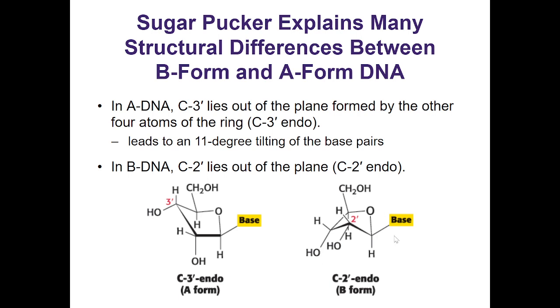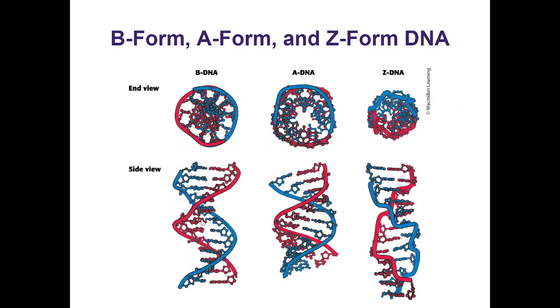So again, in the A DNA, the C3 is going to lie out of the plane that's formed by the other four atoms in the ring. This is the C3 endo form, because the C3 is the one that lies out of the plane. This is going to lead to an 11-degree tilt of your base pairs, which is what causes ultimately that A DNA form.